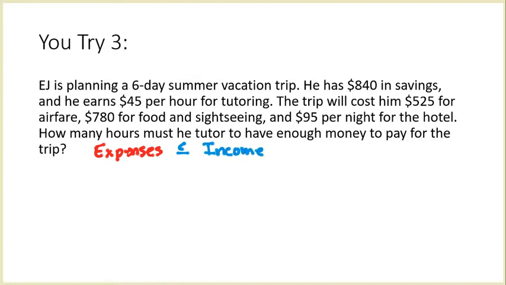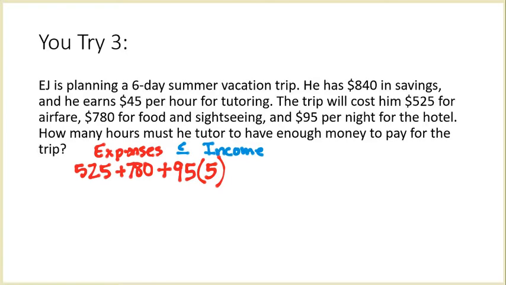So for expenses, what do we have? Well, we have $525 for airfare, $780 for food and other stuff. And then we have this $95 per night. The question is, how many nights is he going to have on the trip? Well, usually on a 6-day trip, he'll travel somewhere and then stay the night somewhere. So I said that he had 5 nights.